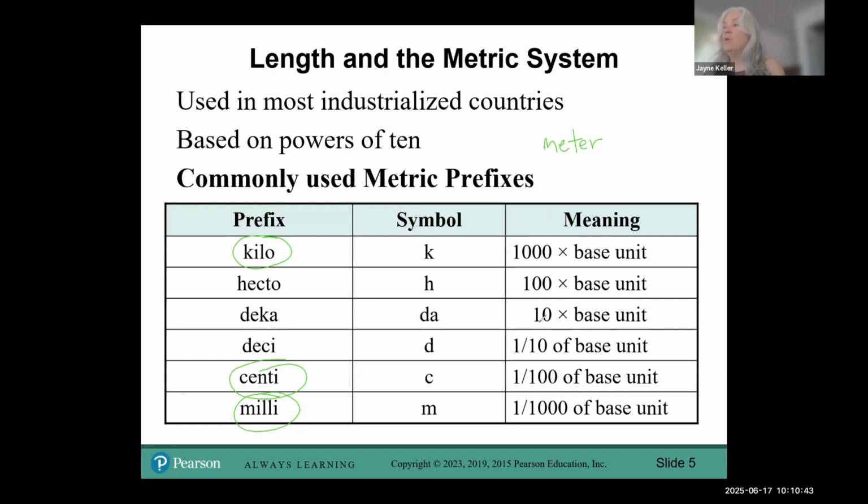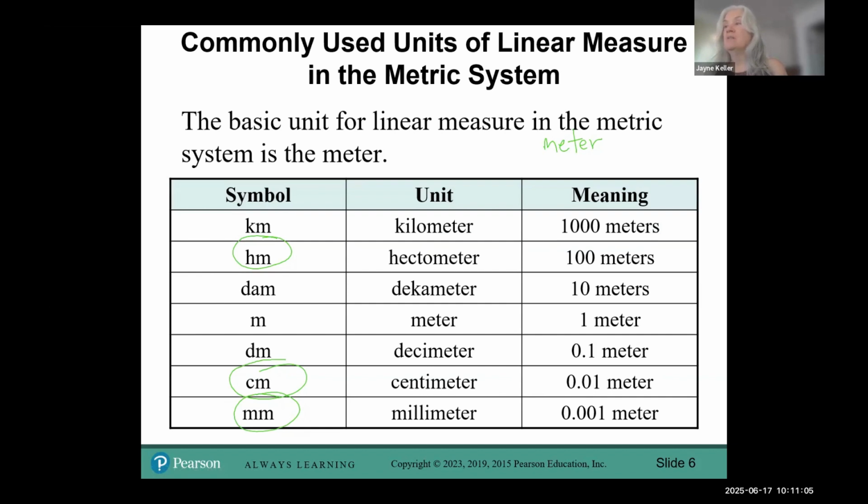I just move the decimal point that many places, right? So multiplying by 100, that's 10 to the power of 2. So I move the decimal point 2 places, the same number of zeros that there are in the number, right? And when I'm going in this direction, I'm dividing, which is moving the decimal point in the other direction. So it makes it really easy converting between all of these.